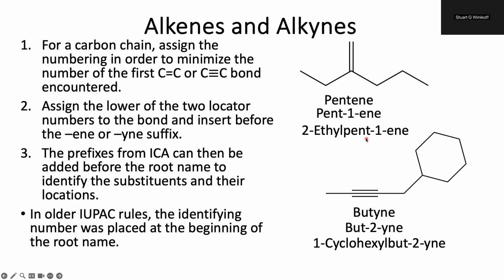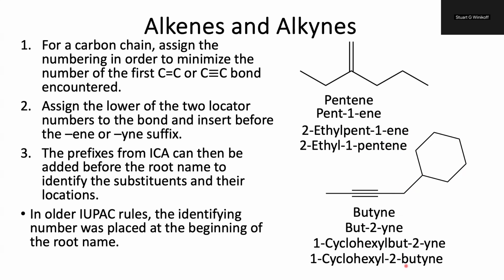In that case, ethylpentene would be 2-ethyl-1-pentene, designating that the alkene is at the 1 position. Similarly, the cyclohexylbutyne would be 1-cyclohexyl-2-butyne. Again, these older names sound a little bit better, but they have a little bit less precision in telling you exactly what that number applies to.